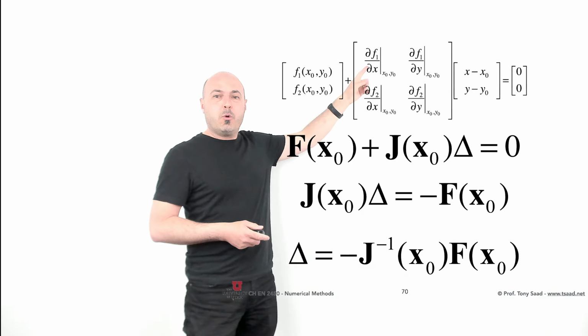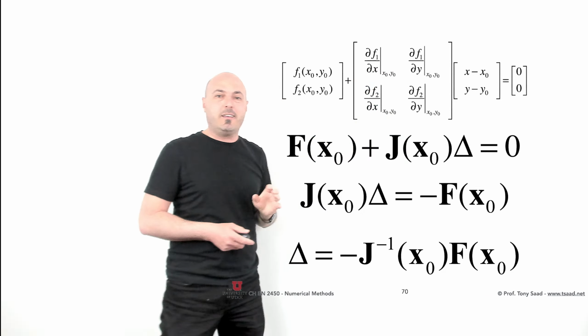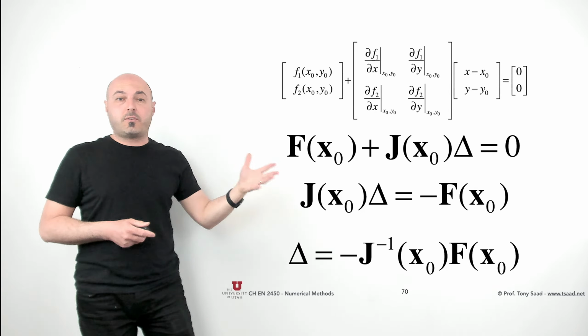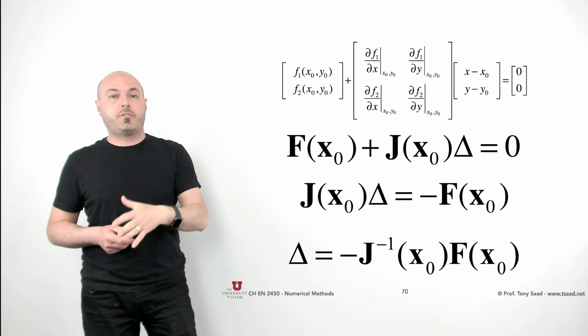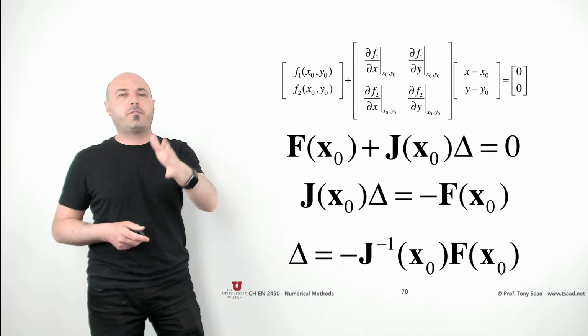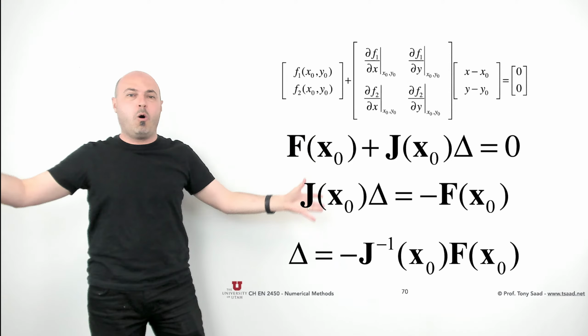So you notice we have derivatives of f1 and f2 with respect to x and y. If you had a system that had x, y, z and 3 residual functions, f1, f2, f3, that Jacobian is going to contain partial derivatives of f1, f2, f3 with respect to x, with respect to y, and with respect to z. It covers all of the derivatives.